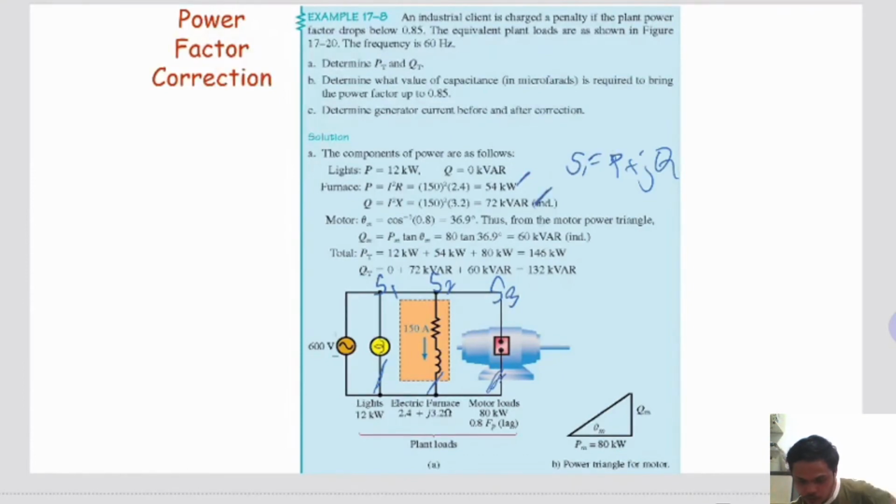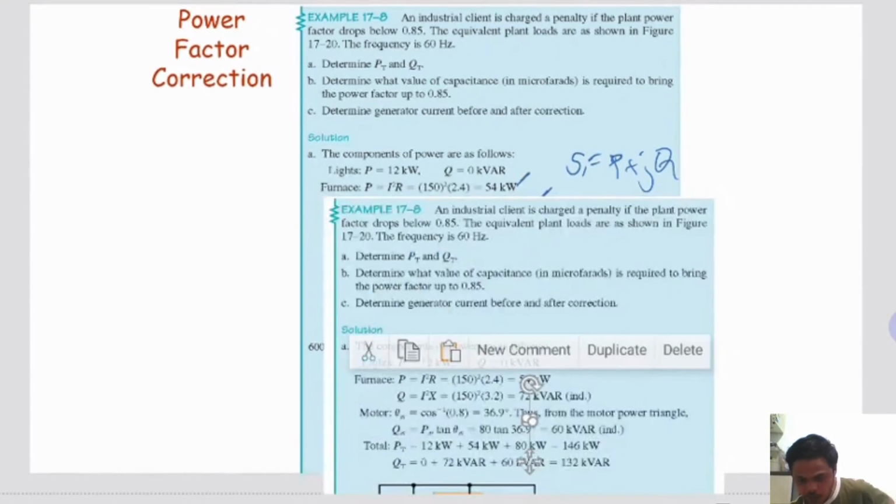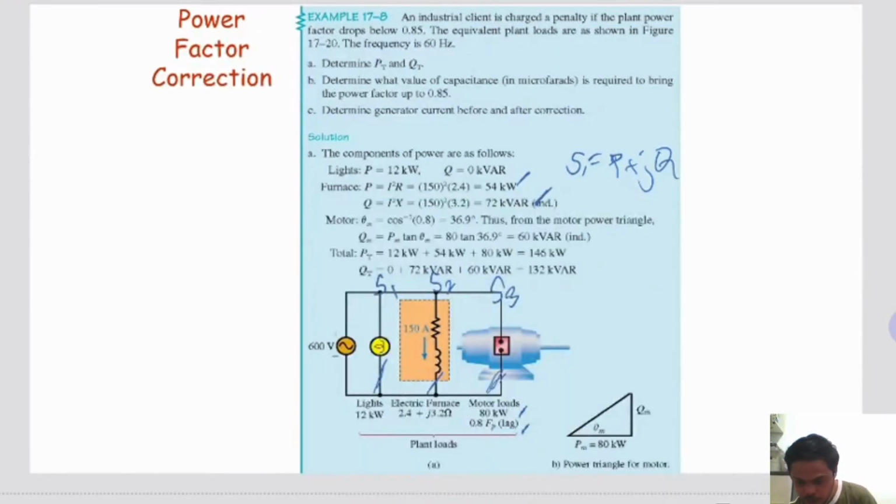For motors, you need to compute Q since the real power is already given. Q can be computed using this power factor. So you have P tangent theta according to the triangle. You have here S. Okay, so this is given.